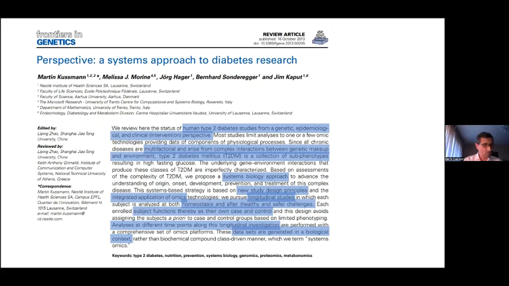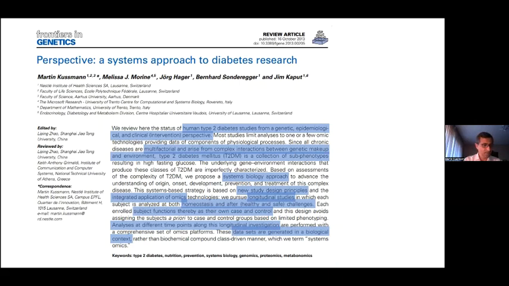And we know that all complex diseases are multifactorial and arise from these gene-environment interactions I have introduced. However, type 2 diabetes is also such a complex disease, as we know, and it's a collection of subphenotypes, as previous speakers already mentioned. So this is why we propose and applied a systems biology approach with new clinical study designs.